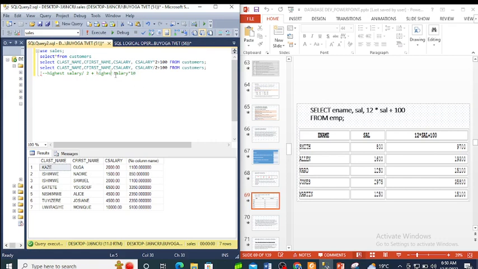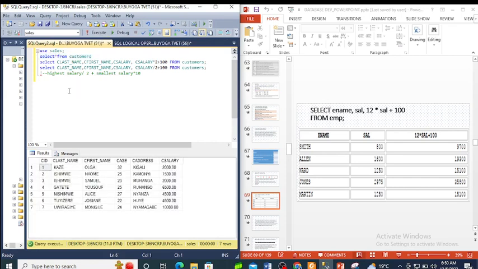Let's use the smallest here, times 10. So this expression can be written: the highest salary, here it is 10,000, then divided by 2, plus the smallest salary, which is 1,500, then times 10.